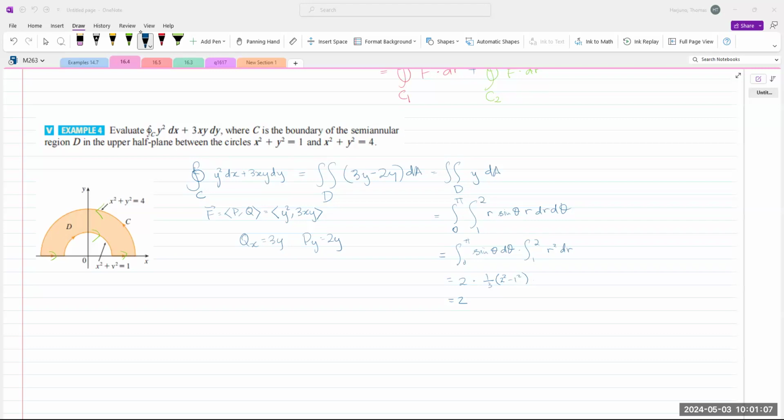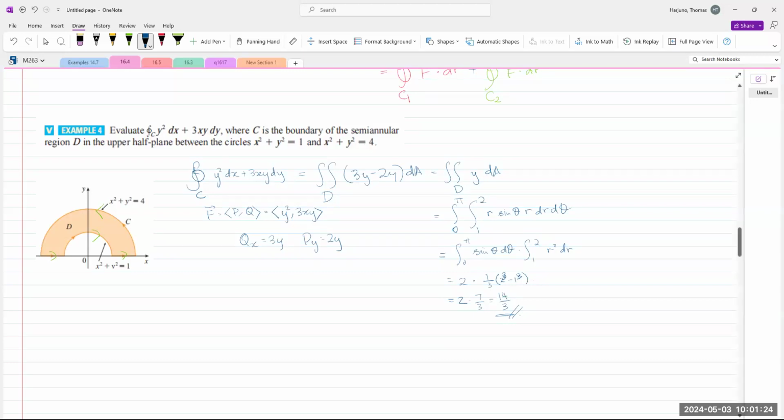Oh, I'm sorry, no, it should be cube here. So that's 2 times 8 minus 1, 7 over 3. That's 14 over 3. I'm sorry, I almost counted incorrectly.